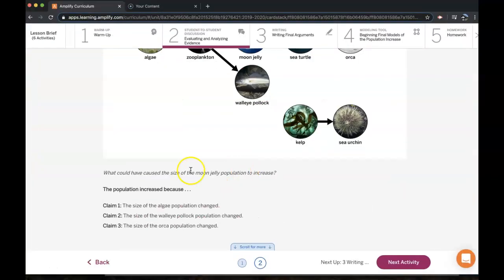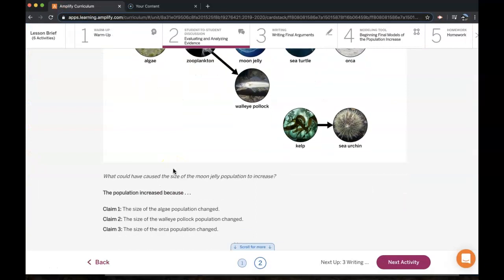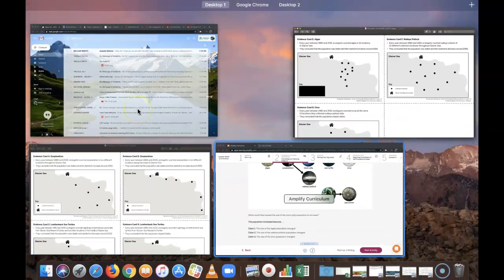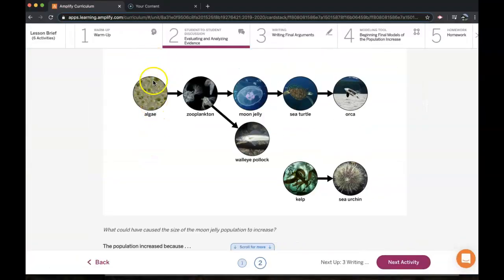So again, as a review, if the size of the algae increases, which is what evidence card E tells us, there are more energy storage molecules for the zooplankton. When there are more energy storage molecules, they will reproduce more. When they reproduce more, their births will increase and become greater than their deaths, so their population will increase.